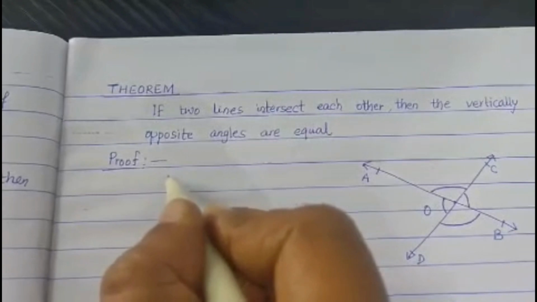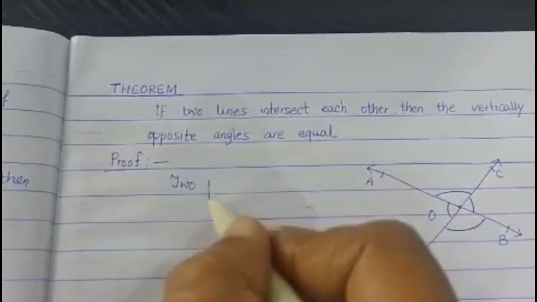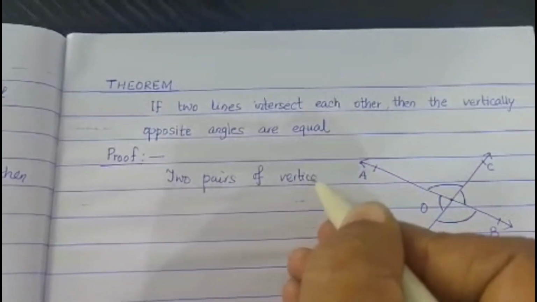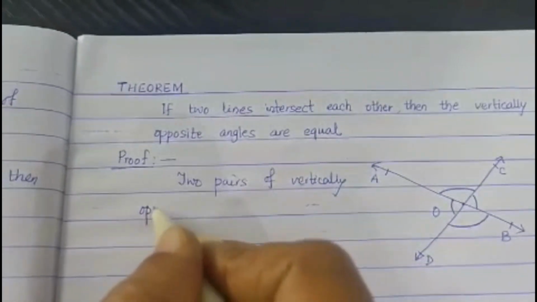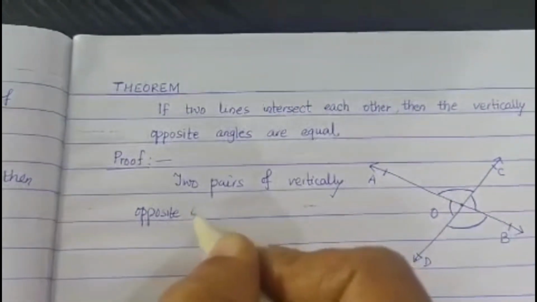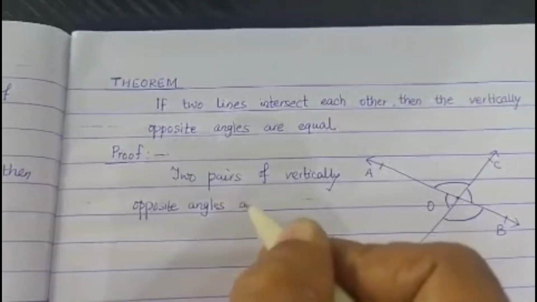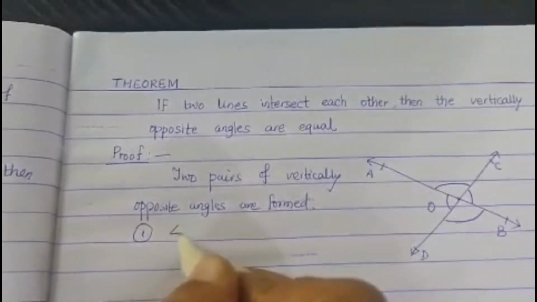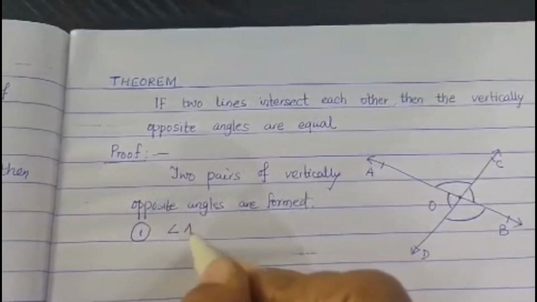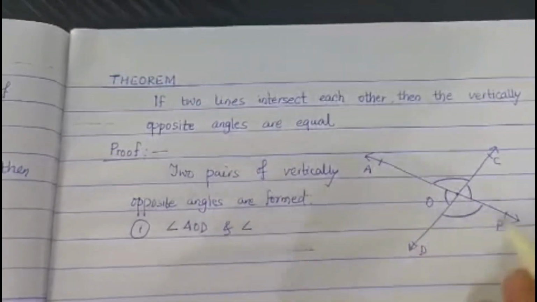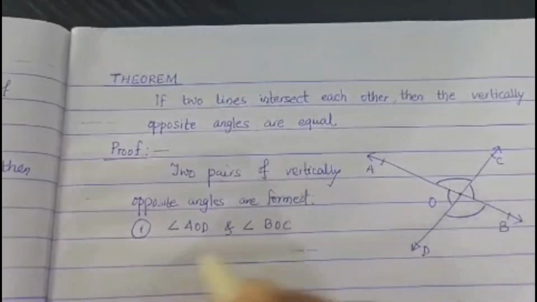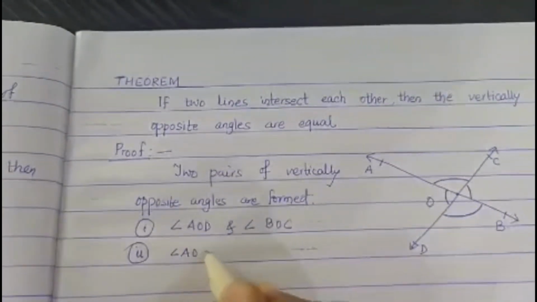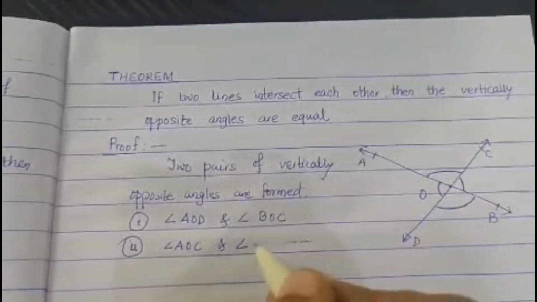So basically two pairs of vertically opposite angles are formed. Let us write the two pairs. The first pair is angle AOD and angle BOC. The second pair is angle AOC and angle BOD.